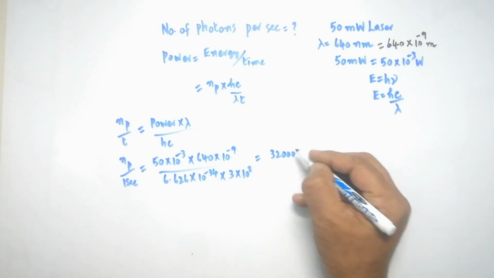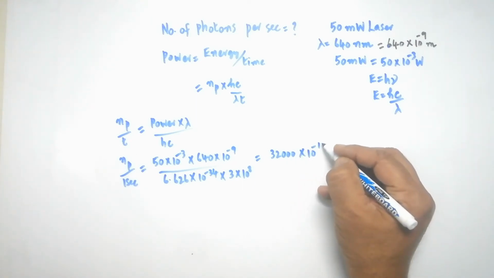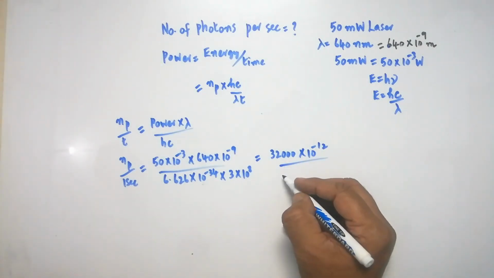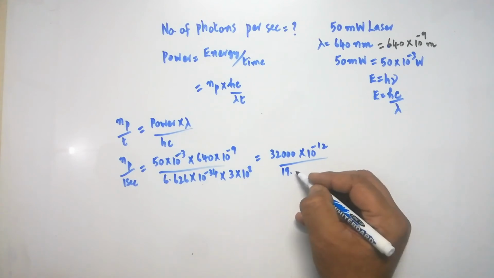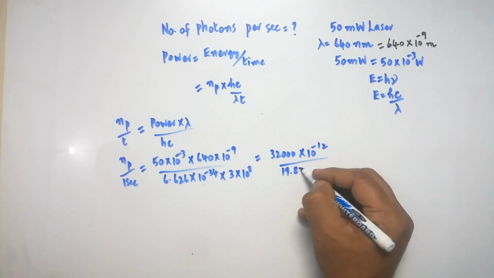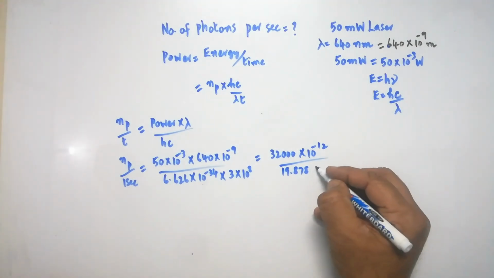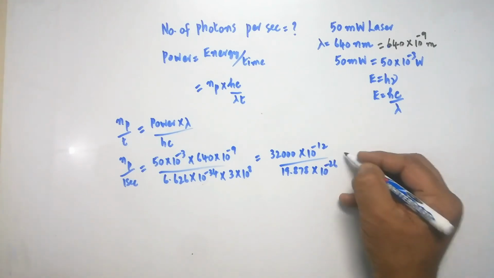32,000 into 10 to the power of minus 12 whole divided by the denominator, whose value becomes 19.878 into 10 to the power of minus 26. I have calculated everything with the help of a calculator; you have to do everything with the help of a logbook.